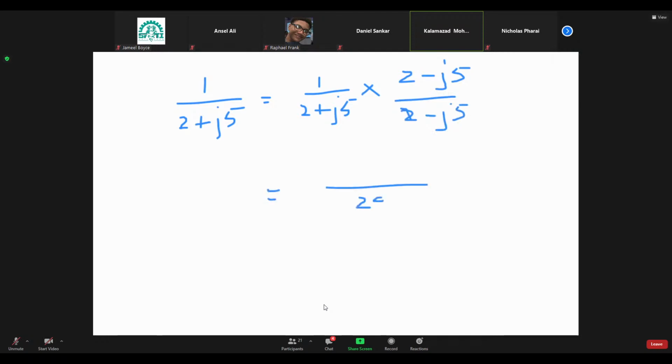We've got to work it out every time. But here now, the top, it's 1 multiplied by, so it's 2 minus j5 on top. Right, answer.